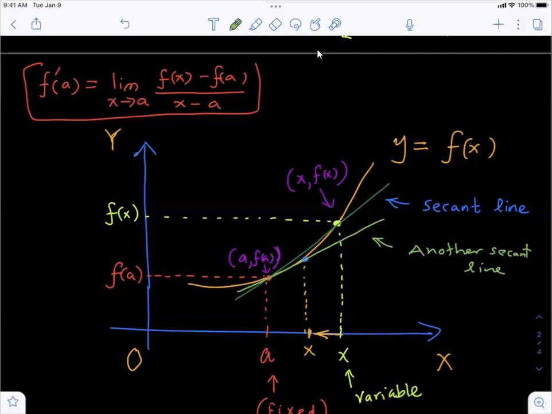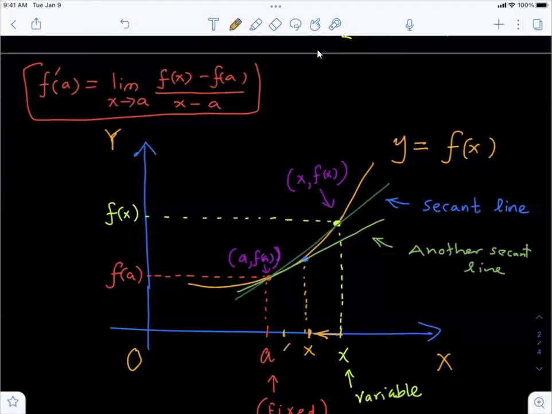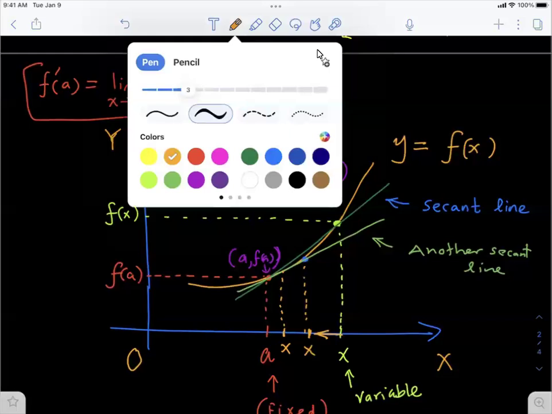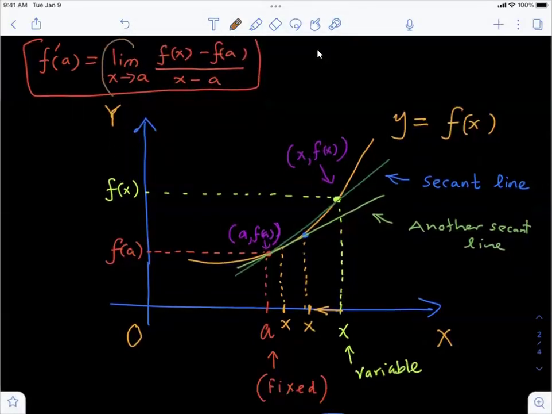But now, if you keep up with this process, let's move this point x further. If I do that, I'm going to end up getting an even closer approximation to this tangent. Now, can you guess what would happen eventually when x is coinciding with a?